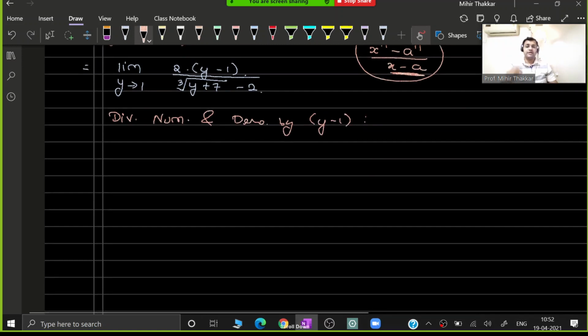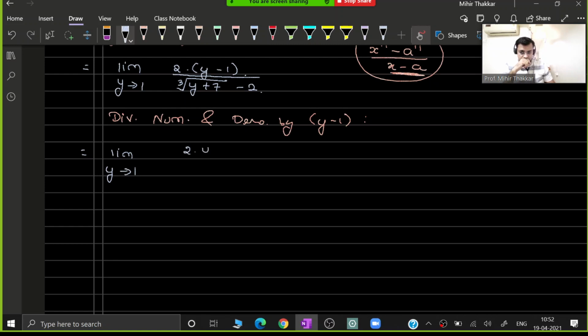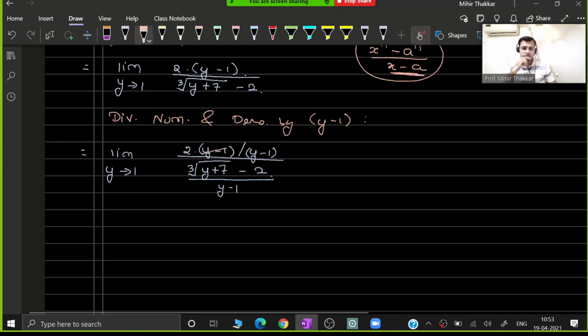So if you divide that by y minus 1, you will get y minus 1 in the denominator as well as in the numerator. So we don't have to worry about the numerator because this will just get cancelled off directly. But we have to make some adjustments for the denominator values.